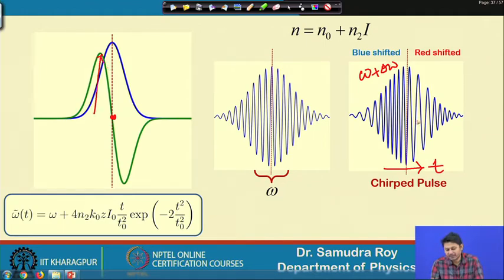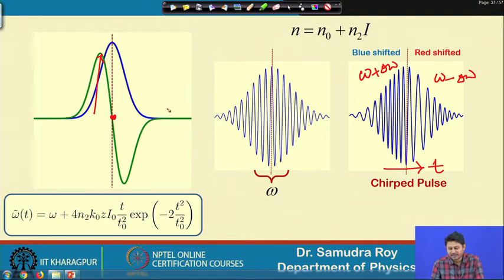And then here we have some frequency reduction, because we have a negative portion in this region. So, one portion of the pulse will be blue shifted, and another portion of the pulse will be red shifted, because of this typical distribution of intensity, or rather the derivative of the intensity.